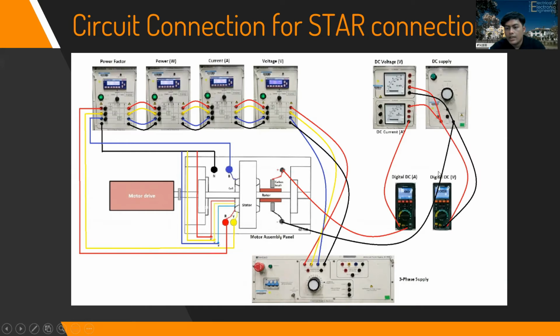And then after the connection is done, the supply from the incoming here connects with the carbon brush, which is the positive terminal. And then the common at the DC supply is connected with the negative at the rotor. So that's all for the circuit connection of the star connection.